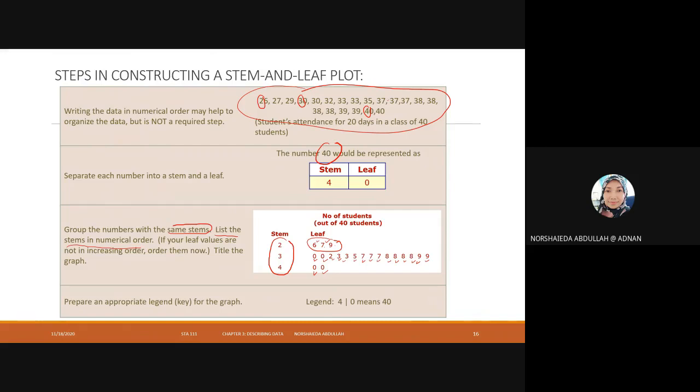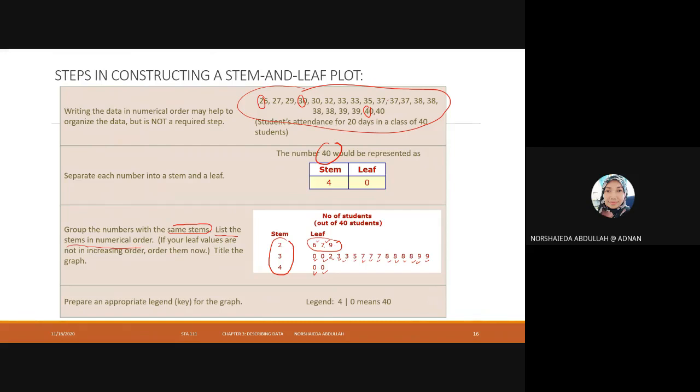From this stem and leaf display, we can see the distribution of the data. From this, we can see that on most days, the attendance of the students is between 30 to 39, meaning that at least one student was absent on most days. Only 2 days had full attendance.